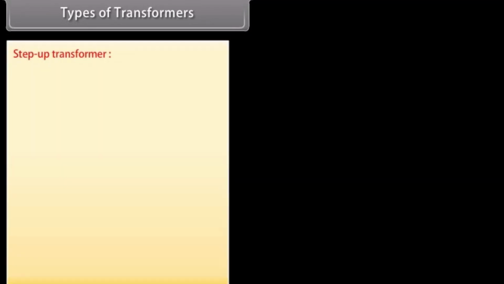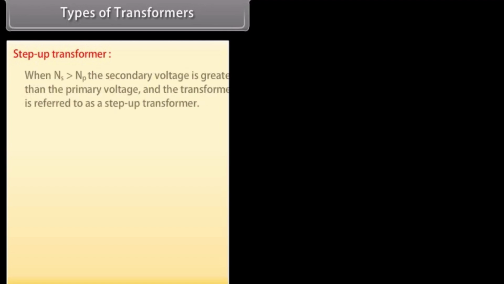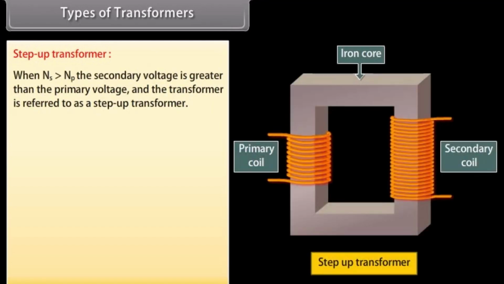Types of transformers. Transformers are of following two types. Step-up transformer. When the secondary voltage is greater than the primary voltage, the transformer is referred to as a step-up transformer. Step-down transformer.